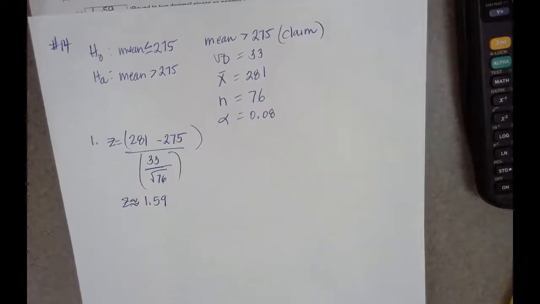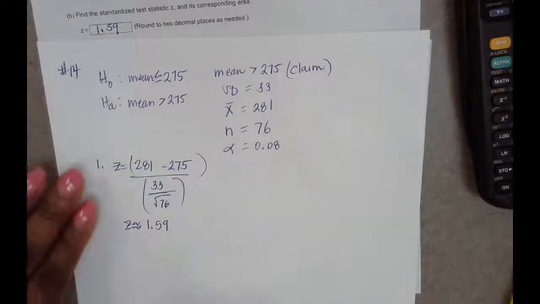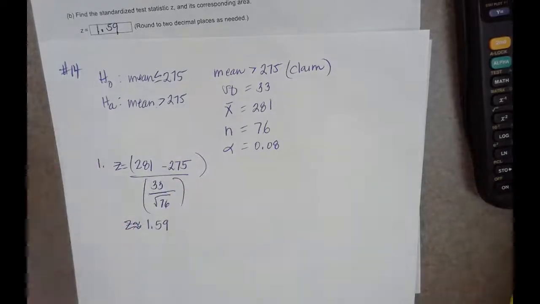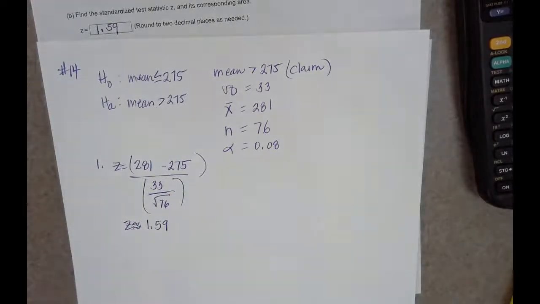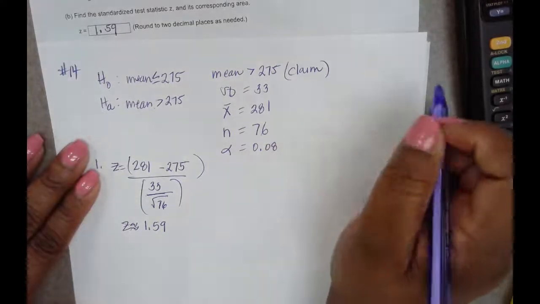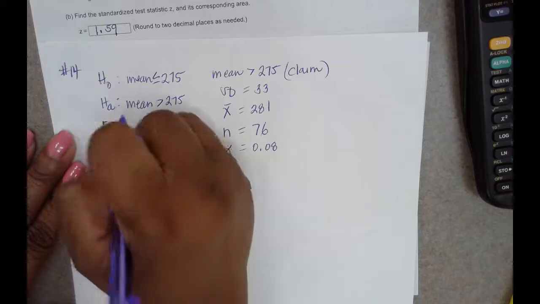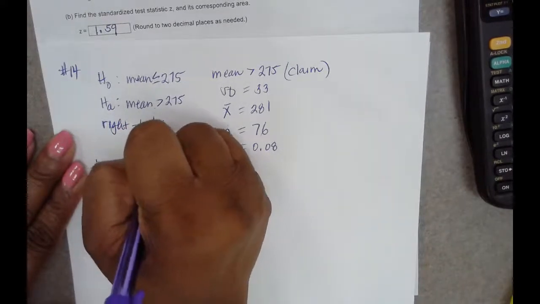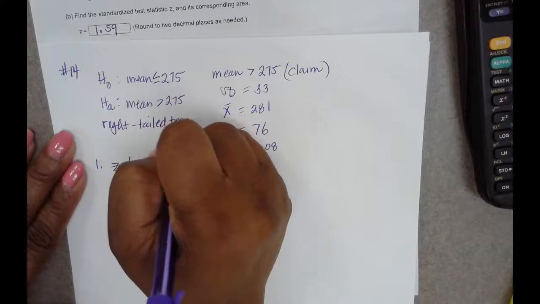Based off of H alternative, using the greater than symbol, then I know that I'm going to have a right tail test. Okay? So this is a right tailed test.